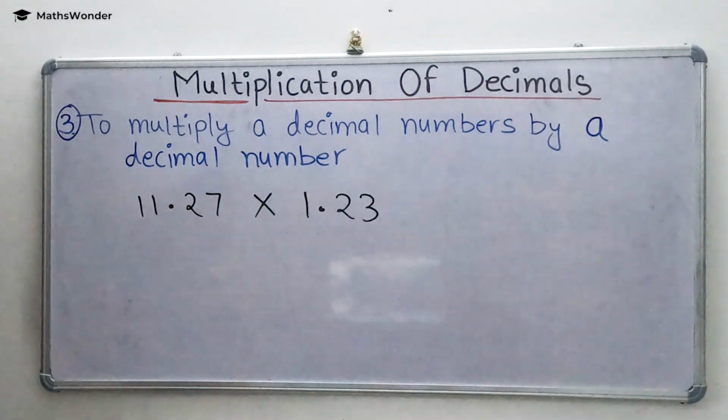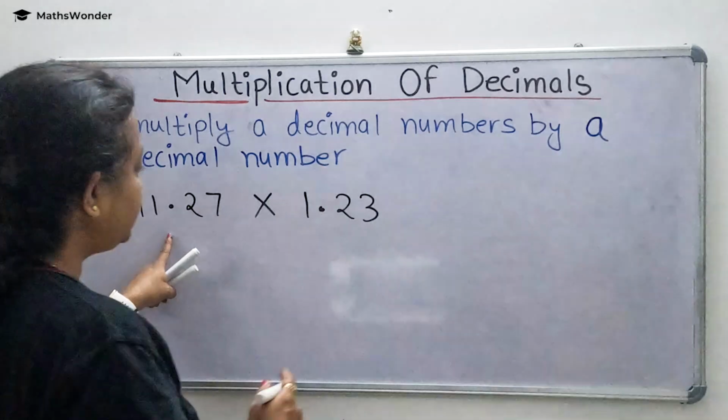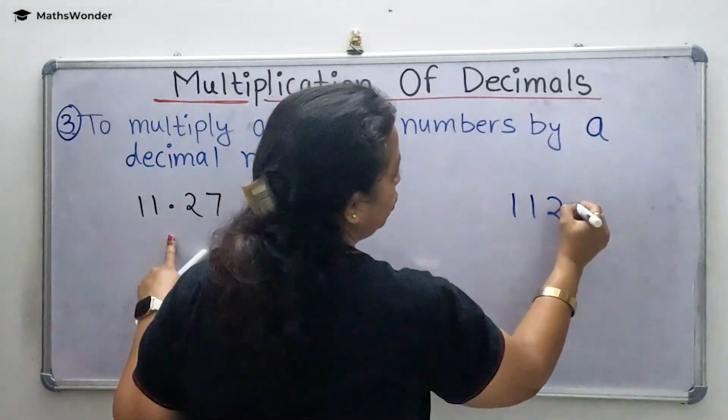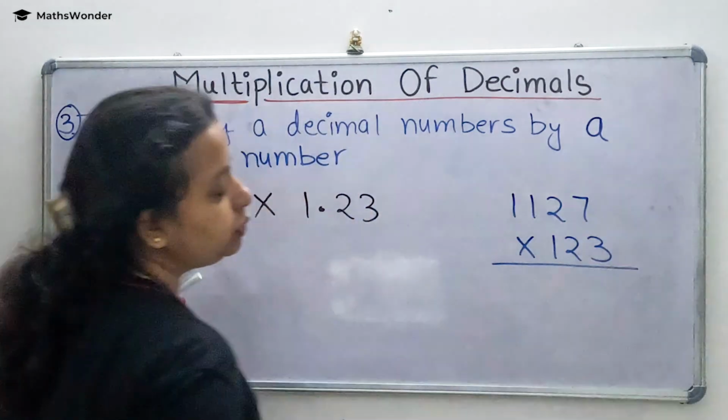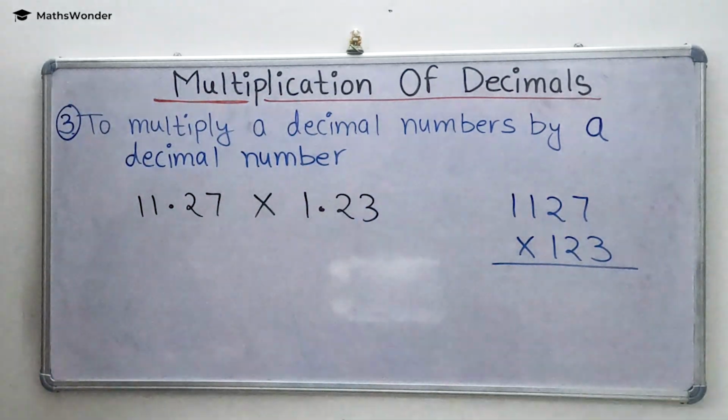First you multiply normally, ignore the decimal points and multiply the numbers as usual. So 1127 multiplied by 123. Do the normal multiplication, okay, as you know it.